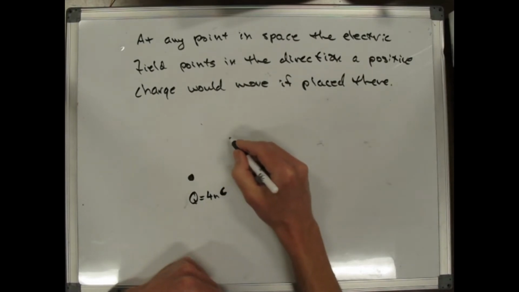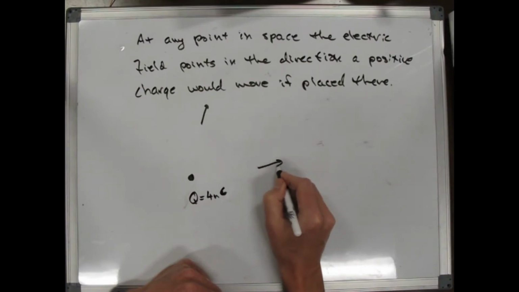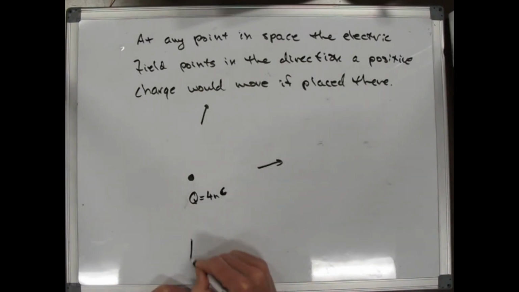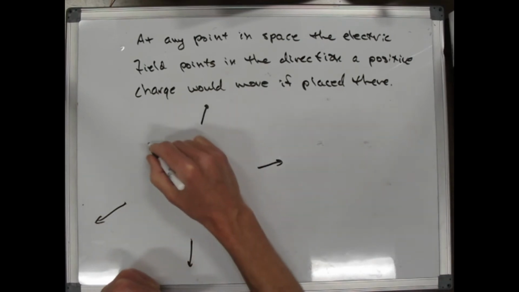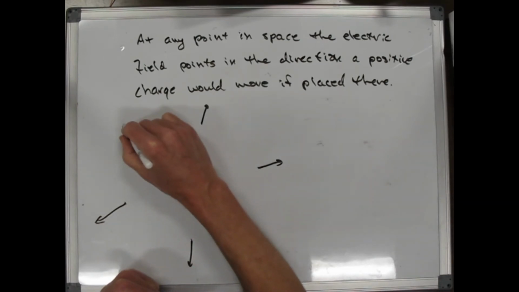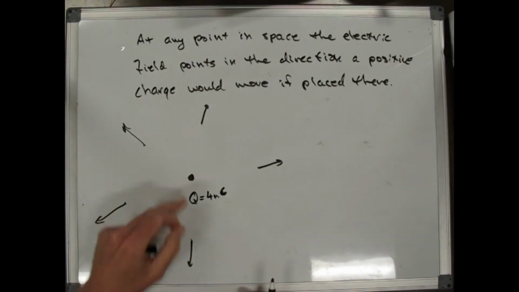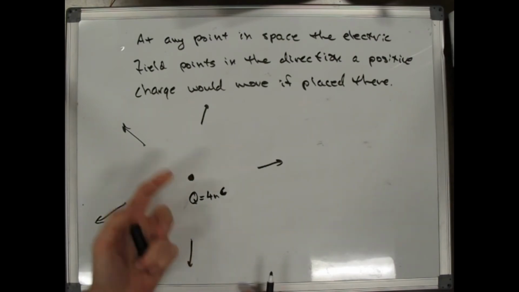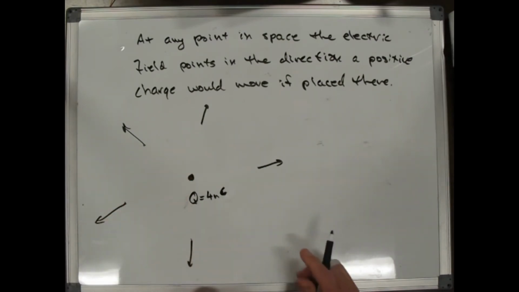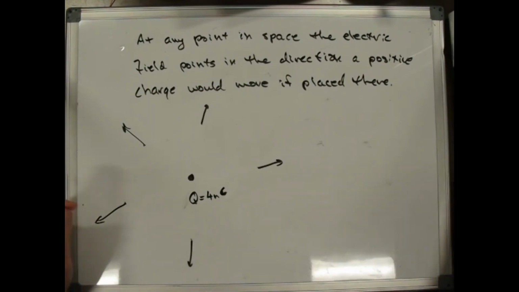And so you can sort of see that at any point in space, the electric field would point away. Right? Because if I put a positive charge anywhere, it would be repelled by this guy. And so the electric field points in the direction a positive charge would go. And so this allows us to draw electric fields around objects.